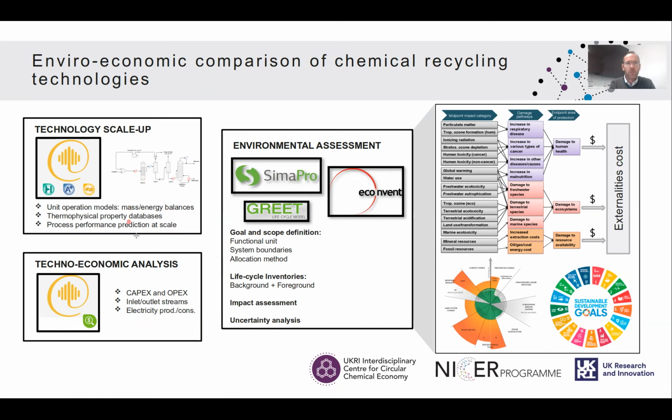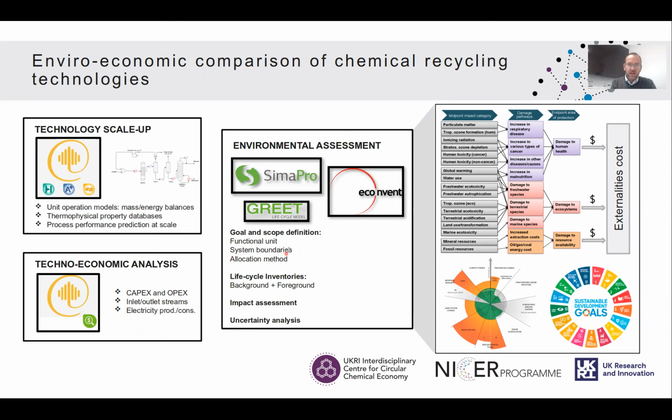Now, having those process models allows us to conduct preliminary costings of the technologies by accounting for both capital and operating expenditures. Taking the case of ethylene production, for instance, this approach allows us to determine a levelized cost of ethylene production using a consistent costing methodology across different technologies.